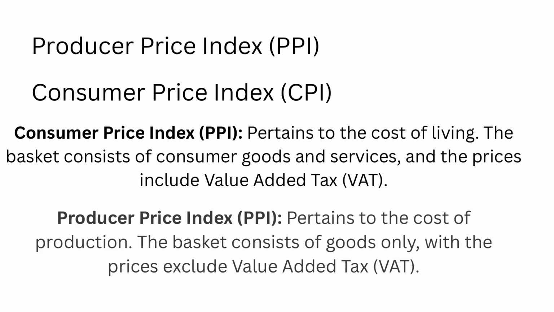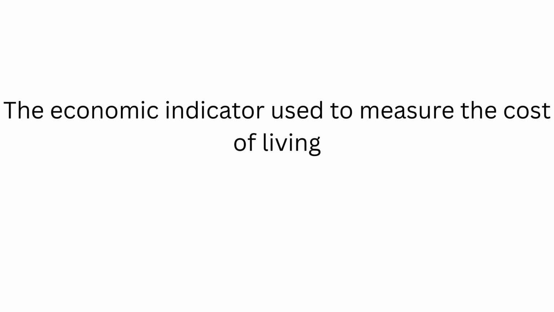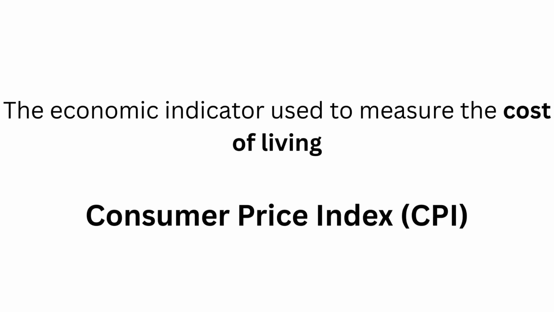And we also have the Producer Price Index, which pertains to the cost of production. The basket consists of goods only, with the prices excluding the value added tax. And our statement says the economic indicator used to measure the cost of living. So keyword, measure cost of living, which is why we say it's the Consumer Price Index.